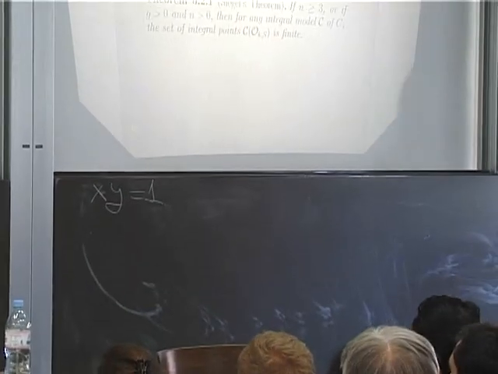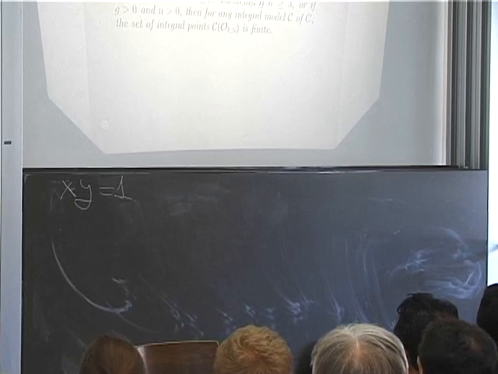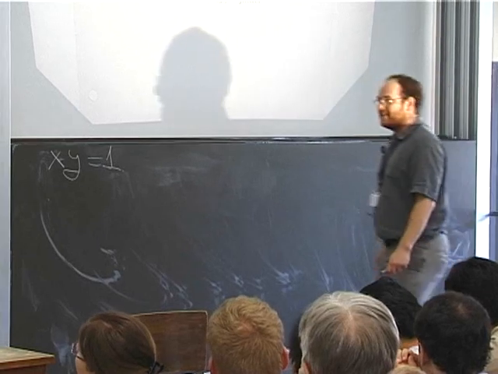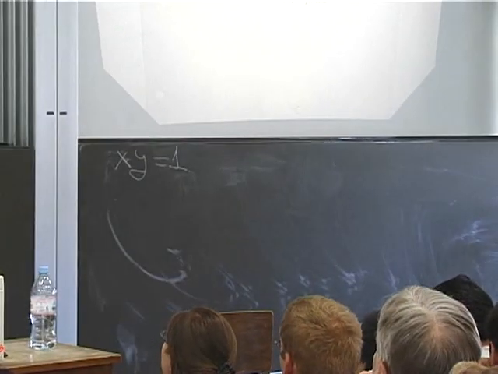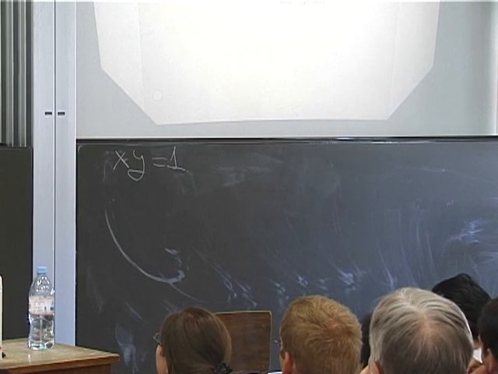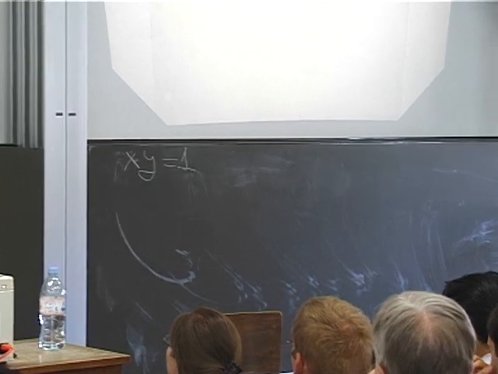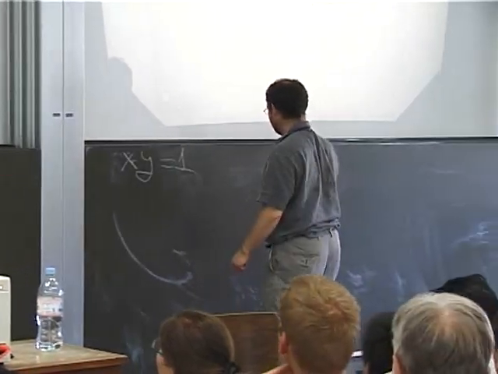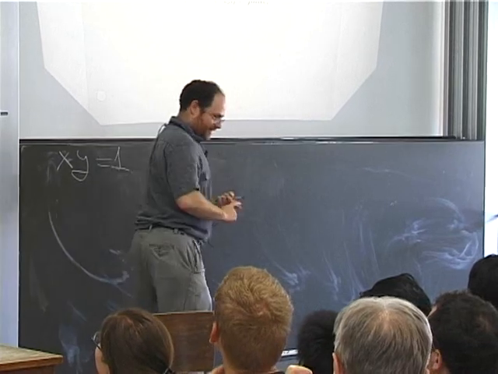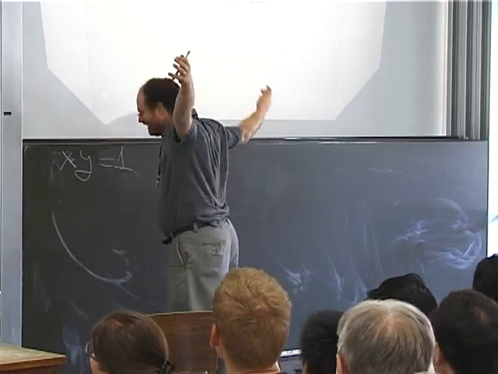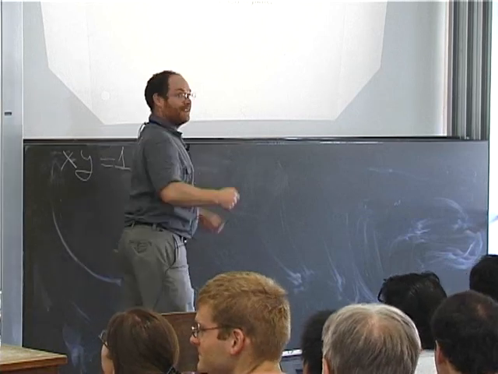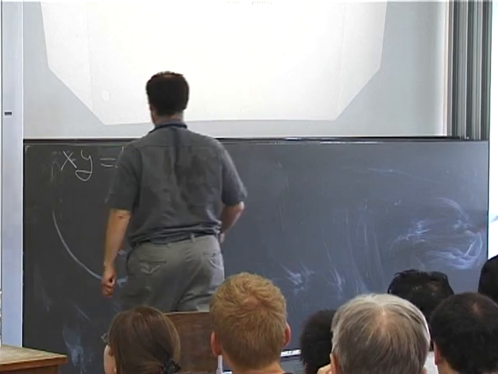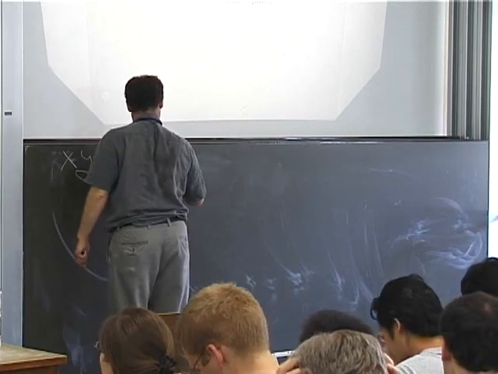And you know that over Q, there are only finitely many solutions, namely plus or minus 1 for x and plus or minus 1 for y. But over a number field which is not just a quadratic imaginary field, there are infinitely many solutions. So these are the units.